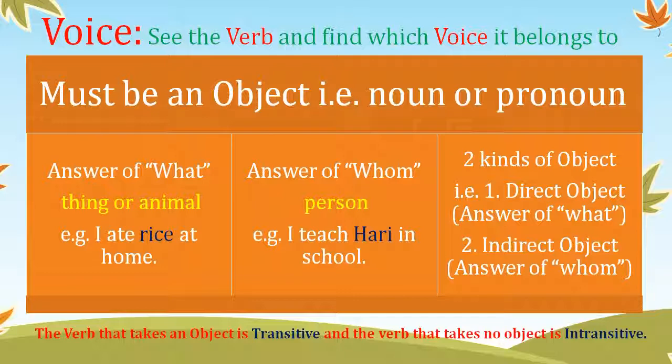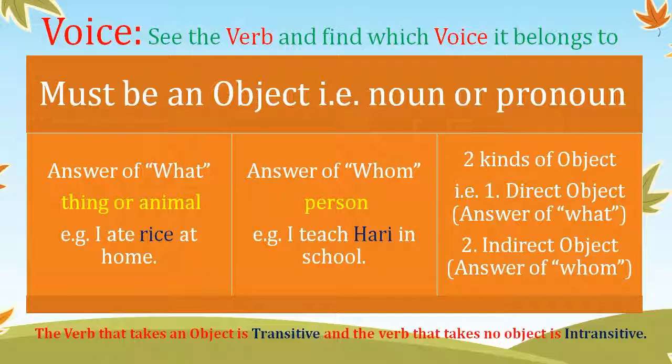For example, I would like to tell you. Ram laughs. What is the verb over there? Laughs. Now there cannot be an answer of what and whom. Hari is walking in the garden. What is the verb in the sentence? Is walking. Now what is the answer of what? There is not. The answer of whom?